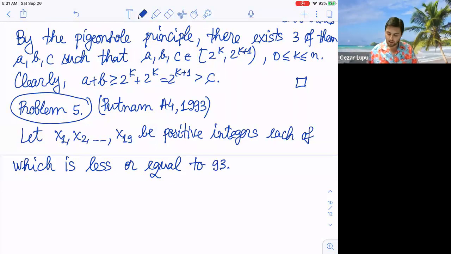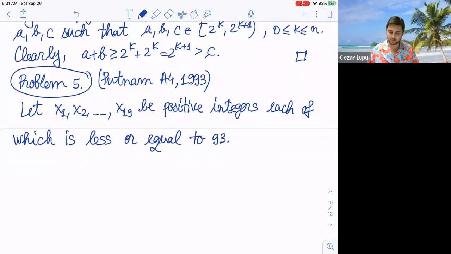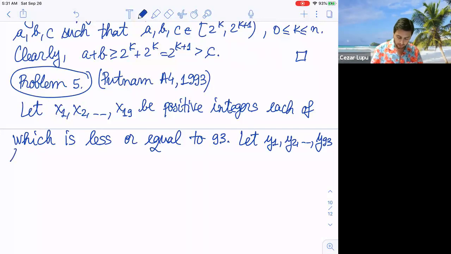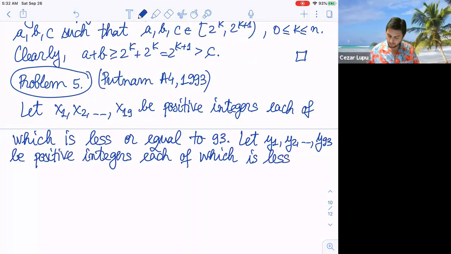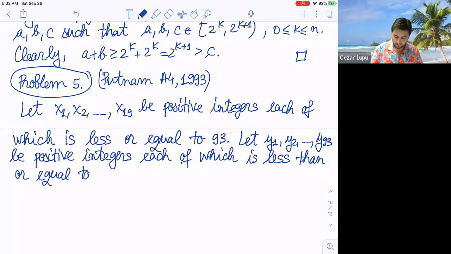And now I'll consider another set of positive integers, but this time I will consider 93 of them. Let y1, y2, up to y93 be positive integers, each of which is less than or equal to 19.